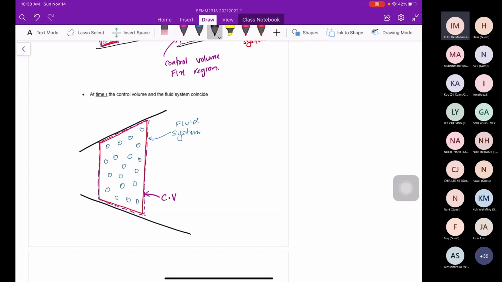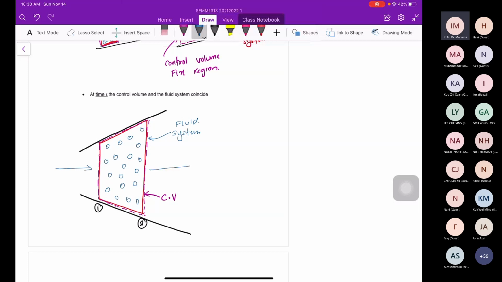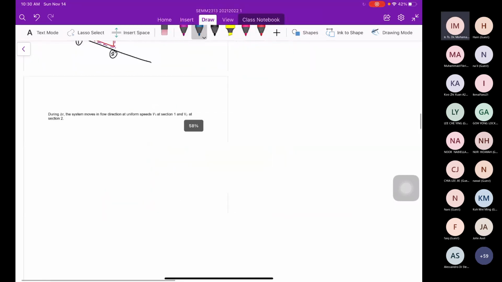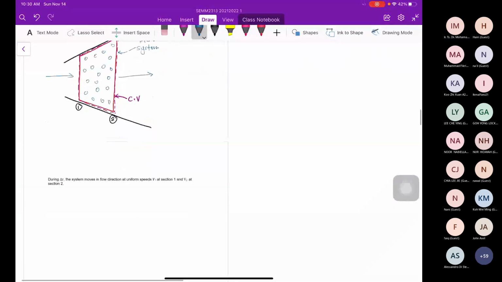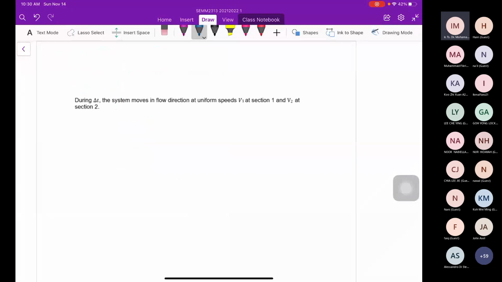Let's say this is point 1 and this is point 2. The system of fluid will move from here to here. During delta t, the system moves in the flow direction at uniform speed from V1 to V2, or from section 1 to section 2.